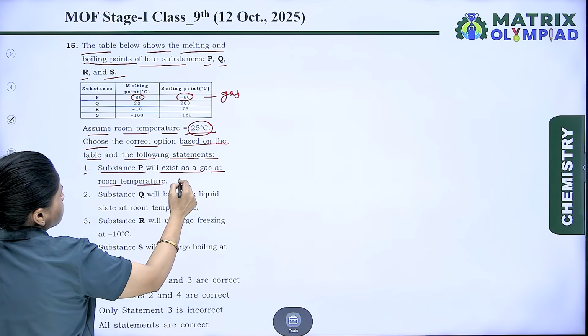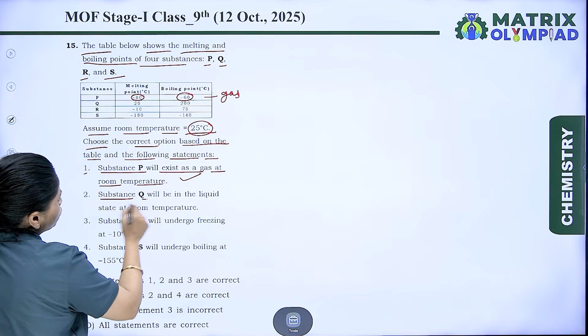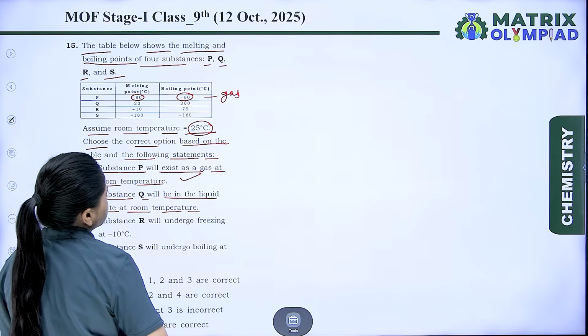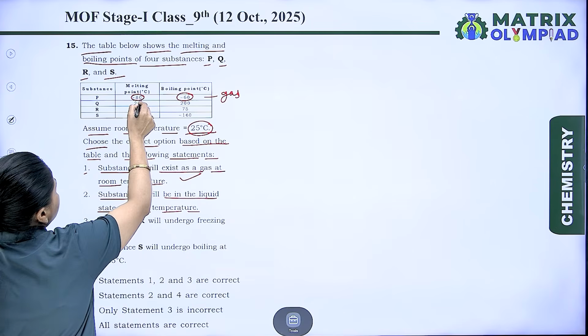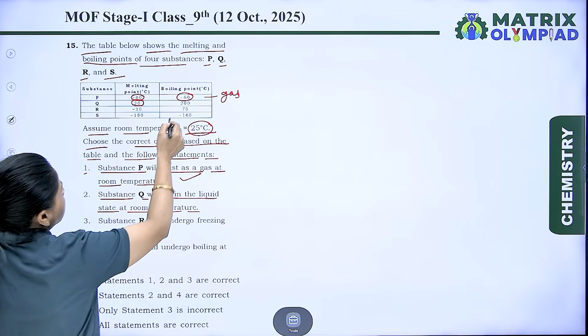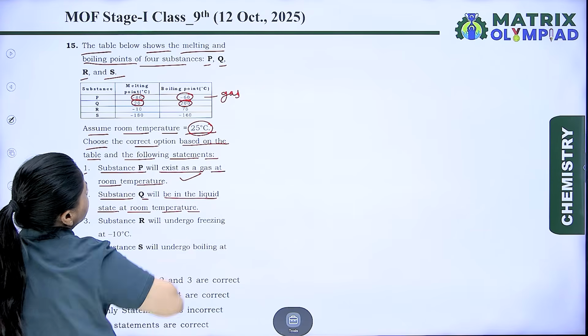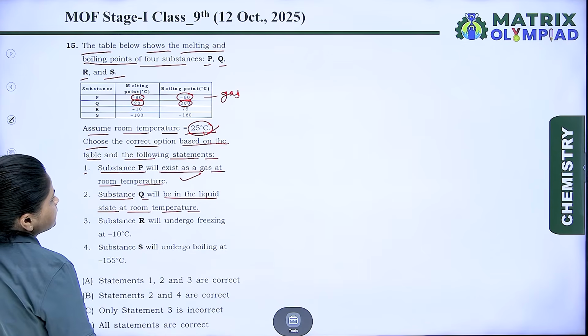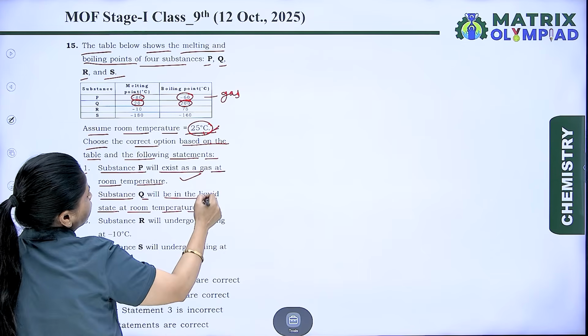So, it is correct. Substance Q will be in the liquid state at room temperature. Let's check. In the table, Q has melting point 20 degrees Celsius and boiling point 200 degrees Celsius, and at room temperature, that is 25 degrees Celsius, it will be in liquid form.